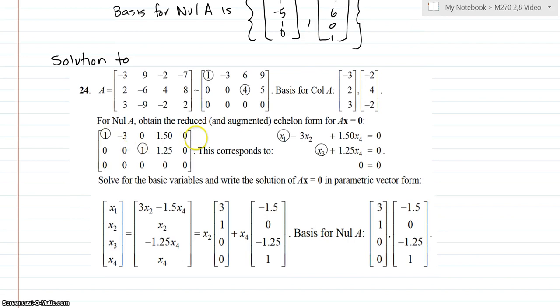If you remember, the null of A is where Ax equals 0, so that's what they did here. They changed it to reduced echelon form to make it easier for them to solve. Once they solved it, they put it into parametric vector form, and these two vectors are the basis for the null of A. And that's it.